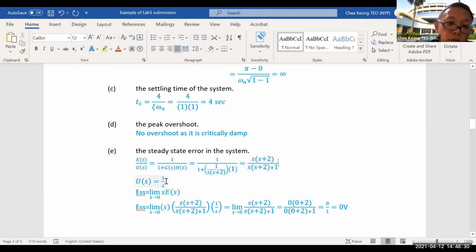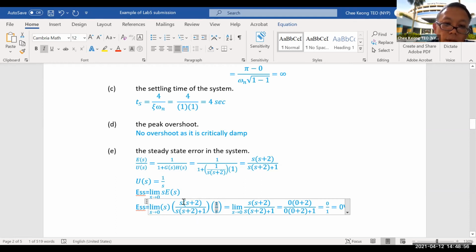Now again, U of S, we are using 1 over S, right? So if we take the limit of S multiplied by E of S, E of S is actually this transfer function multiplied by U of S. So this is E of S over U of S, and this is U of S. So E of S over U of S multiplied by U of S, you cancel out, and the whole thing is E of S, right?